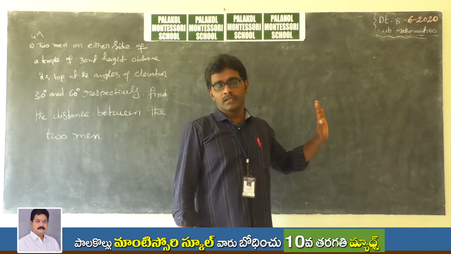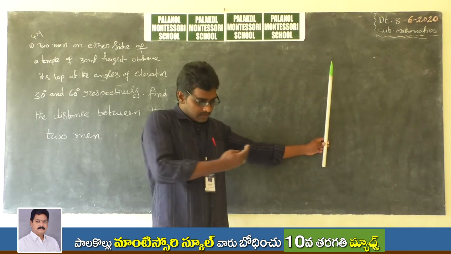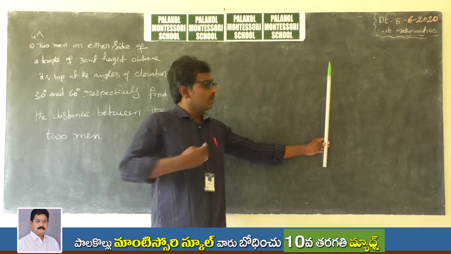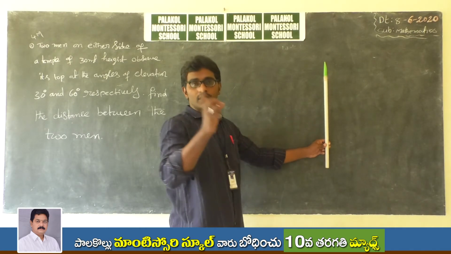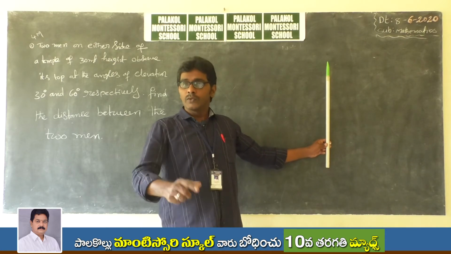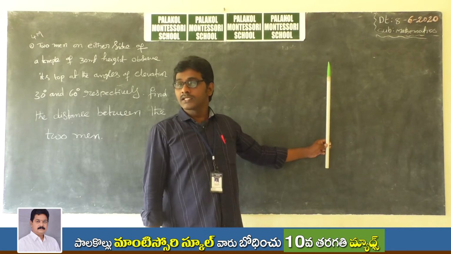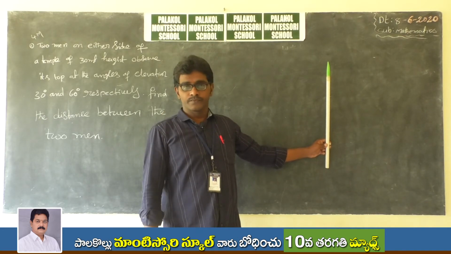What does that mean? Suppose this is the temple. On this side one person is there, on that side another person is there. The 2 persons see the top of the temple. They make angles of 30 degrees and 60 degrees respectively.